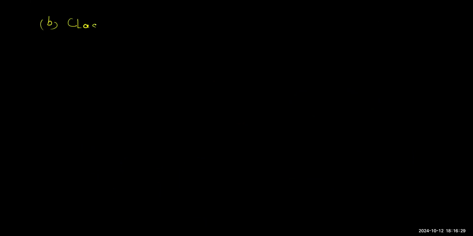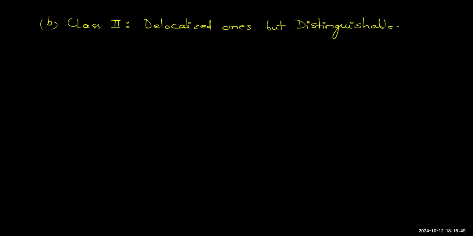Coming to the next slide, the next class is class 2, which is delocalized ones, but distinguishable. Which means iron 2, iron 3, as we are saying, they are delocalizing. So that exchange would happen.